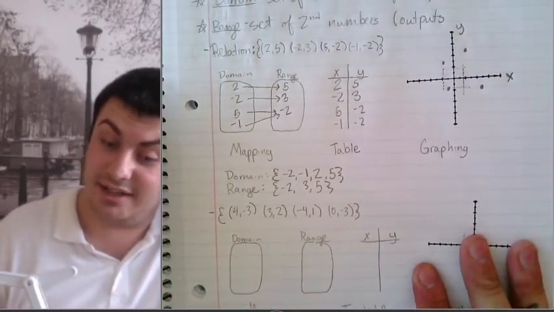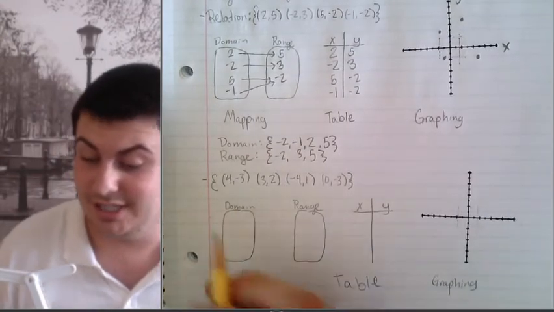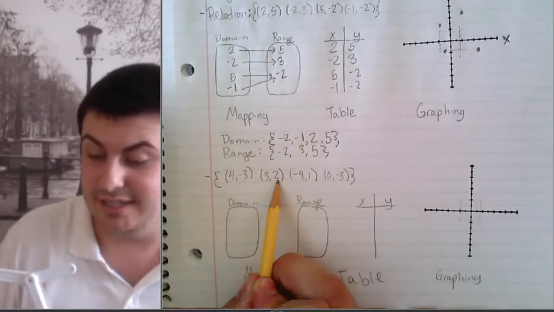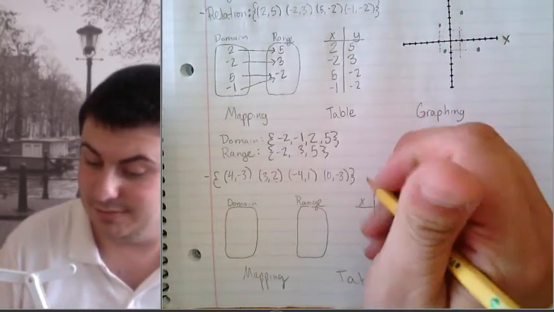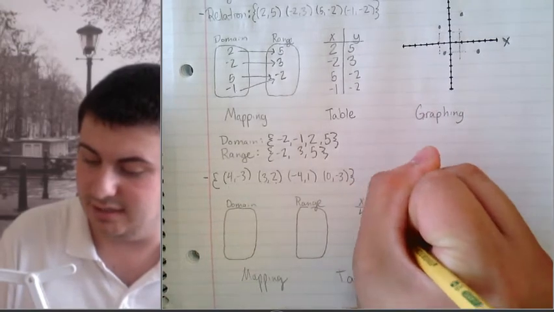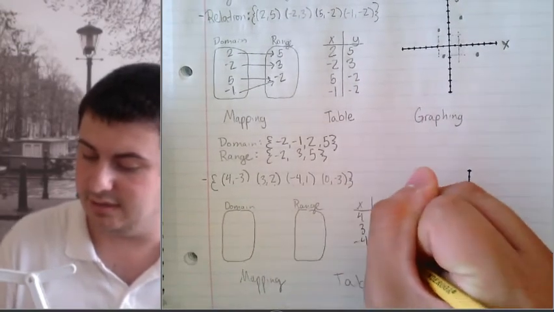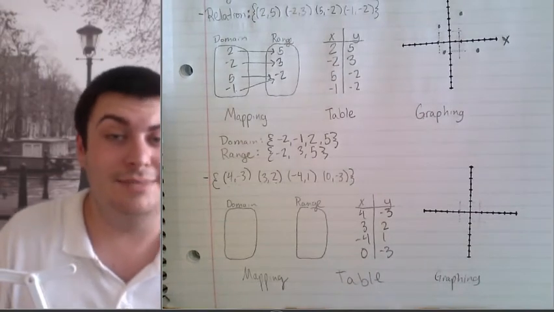Let's look at another example of a relation that we can put in multiple forms. So we have the points (4, negative 3), (3, 2), (negative 4, 1), and (0, negative 3). So I'm going to put it in my table first. Let's graph it this time.